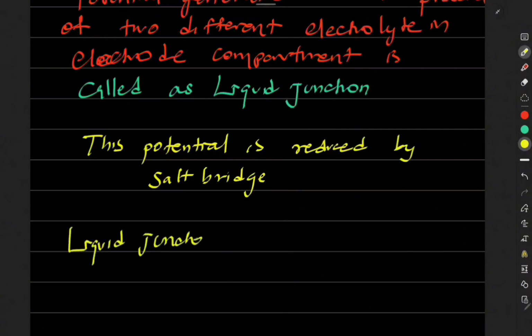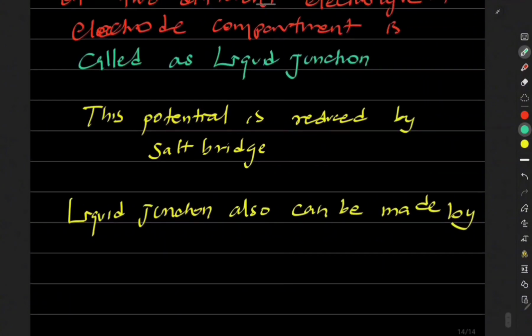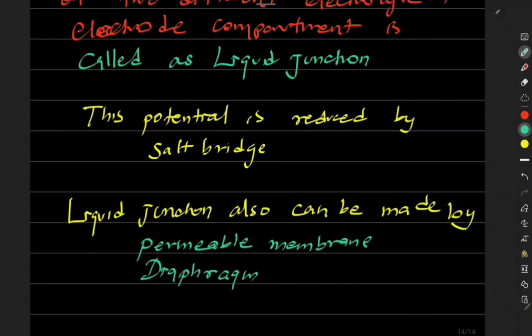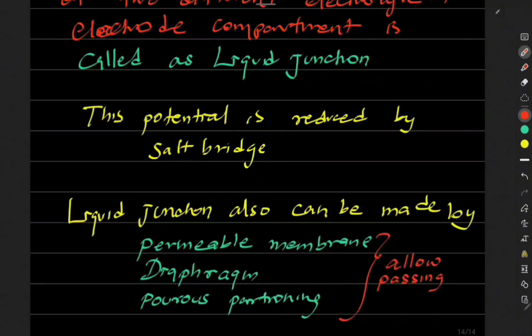Liquid junction can also be made by a permeable membrane, diaphragm, and porous partitioning. These allow the passing of ions.